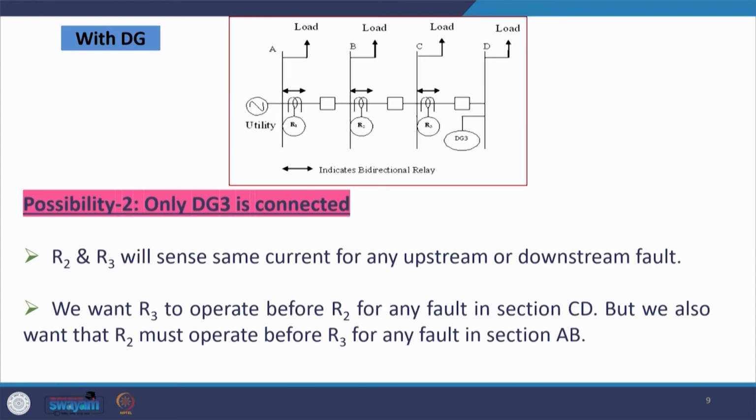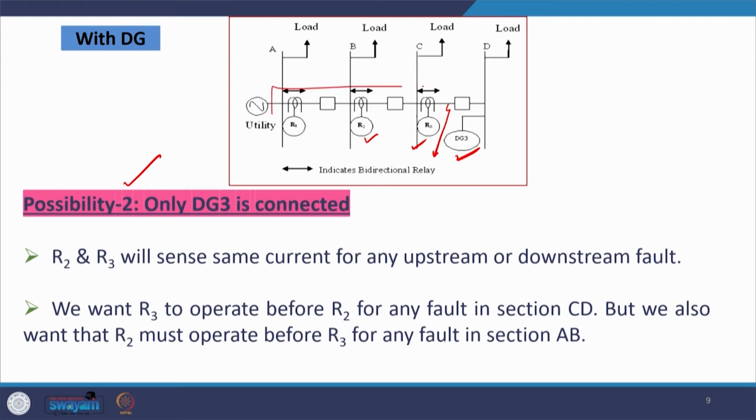Now, let us consider another possibility, in which I have connected only DG3 at bus D. In this case, you can see that both relays R2 and R3 will sense the same current for any upstream or downstream fault. If a fault occurs on the downstream side here, then the current flowing through relays R2 and R3 is only from the utility side.